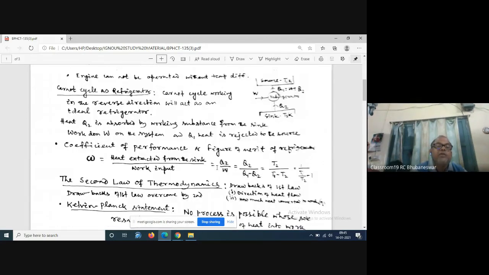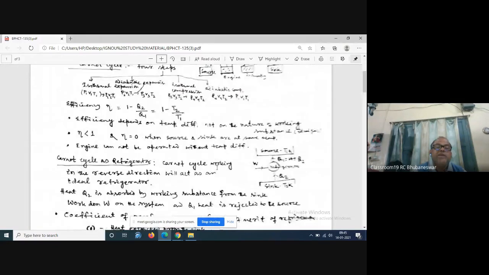If total heat can be converted into work, then efficiency equals 1. What do we derive from the Carnot cycle? If efficiency is 1, then either the source temperature should be infinite or the sink temperature absolute 0, but absolute 0 is not possible. That is why efficiency cannot be 100%.